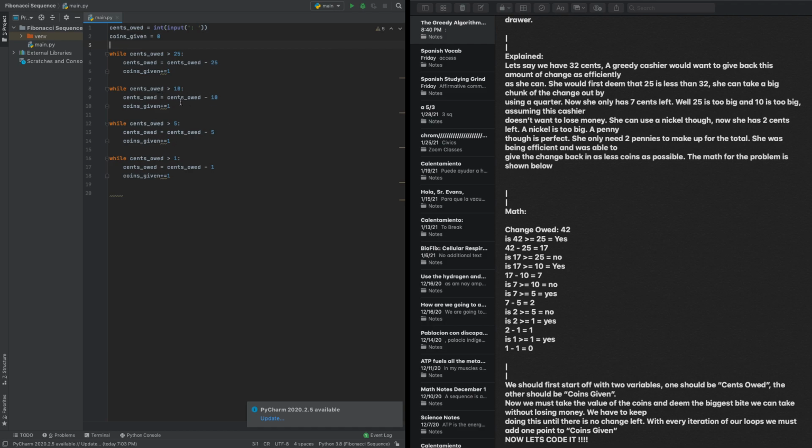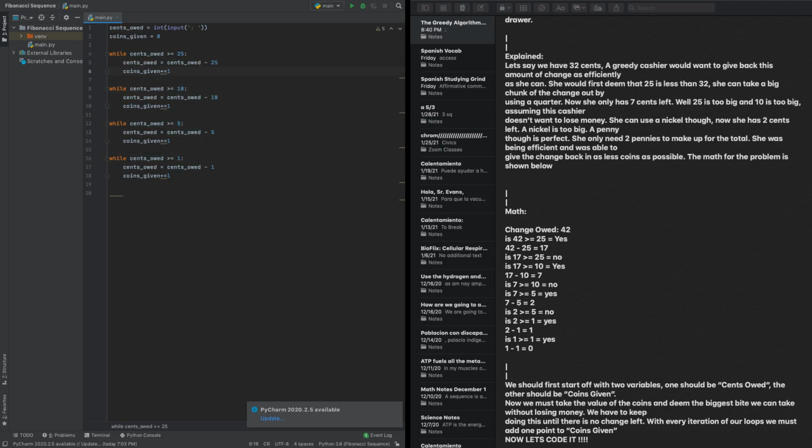This is an improper calculation. What it should have done is 25 minus 25, because it should be greater than or equal to. That's very important, or else it will lead to improper calculations. So now it's greater than or equal to.